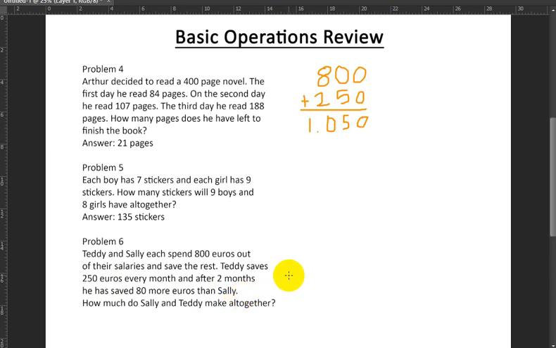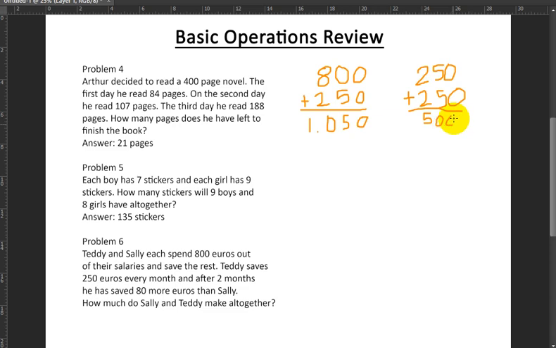So, what can we get from that? Well, how much money will Teddy have saved after 2 months? Well, since he saves 250 every 1 month, that means that after 2 months, he is going to have saved 250 plus 250. So he's going to have saved 500 euros.